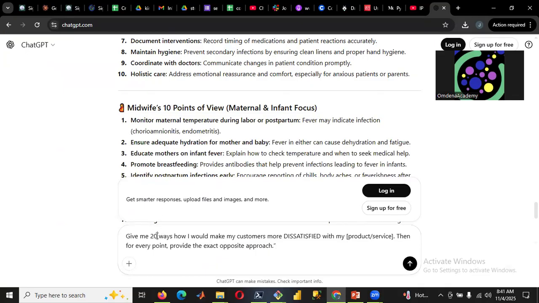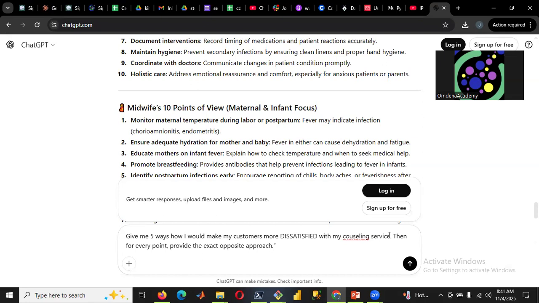So let's reduce this. We don't have that time. 20 ways, let's say 5 ways, I'll make my customer more dissatisfied with my product. Let me say I'm offering a counseling service.